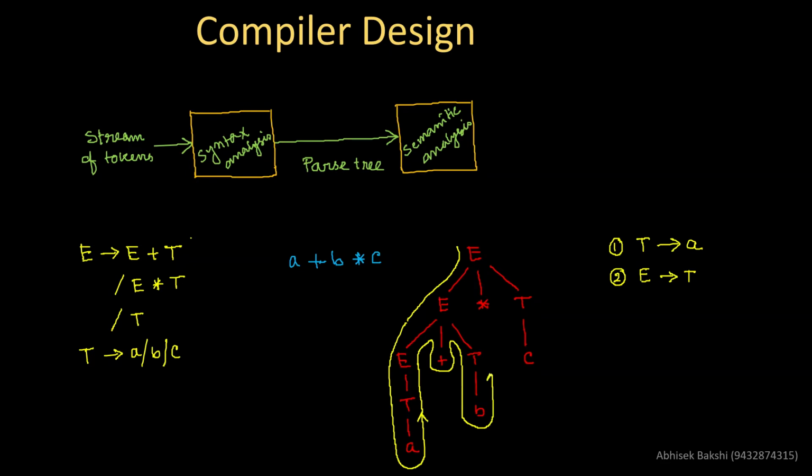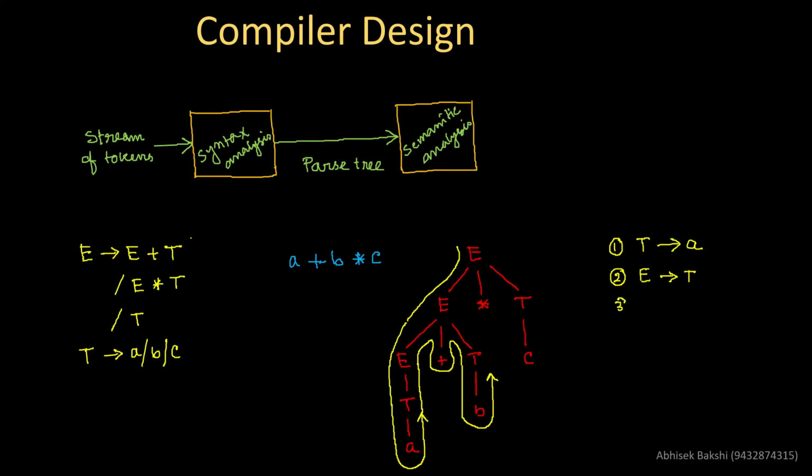So when I am going upward, it is what we call reduction. And this word reduction we have already seen many times in designing previous parsers, right? That is why this reduction is so important. When you start reducing, what production rule I should use will come into the picture.